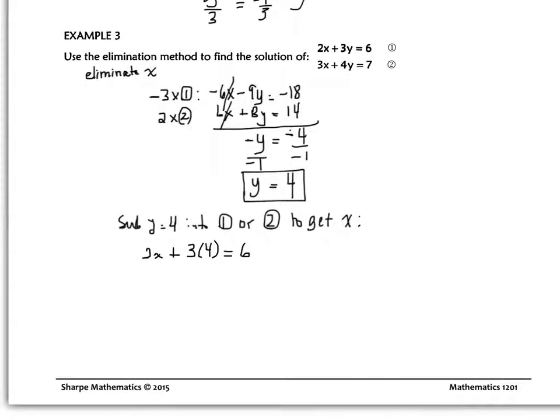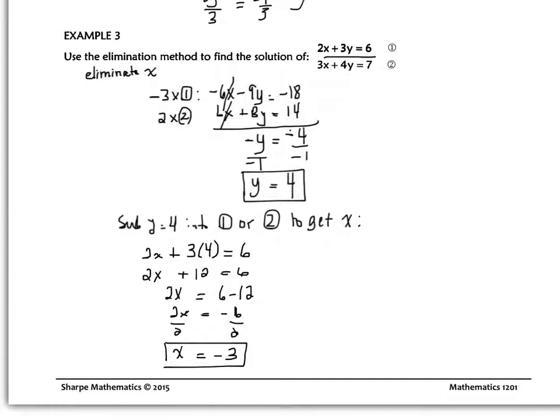I'm plugging into the first equation here. So that gives you 2x plus 12 equals 6. Take away 12, which means 2x is negative 6. And then if you divide both sides by 2 to get x by itself, you get x equals negative 3.